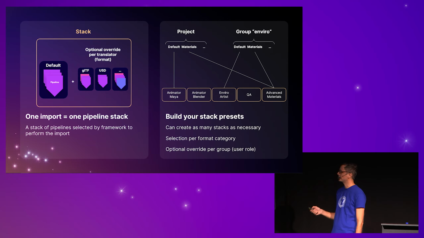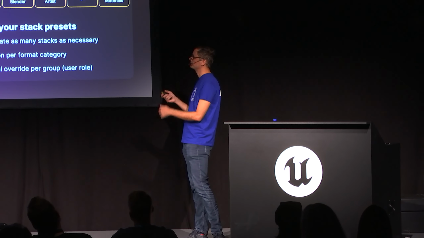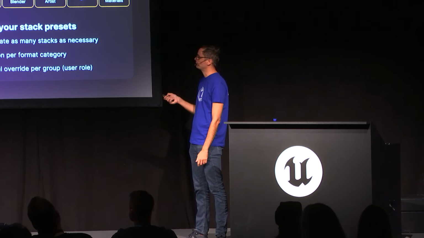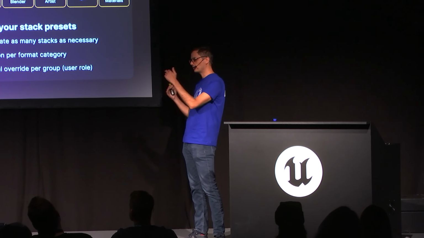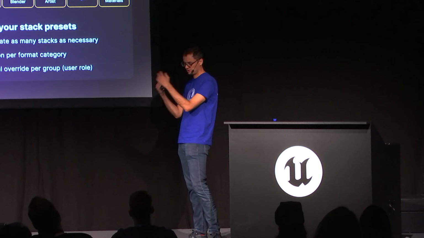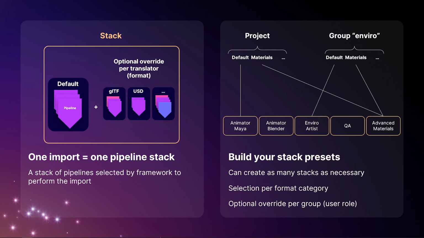So what we have done is that we have this thing we call a stack, where you have a default behavior that is your default operations you want to apply. And then you can pair, let's say file format is more per translator, you can specify, in case I'm importing a 3D model, if it's a glTF, I want you to use these presets. If it's USD, I want you to use those presets. So this is how you would work to make different settings based on the file format you're importing.